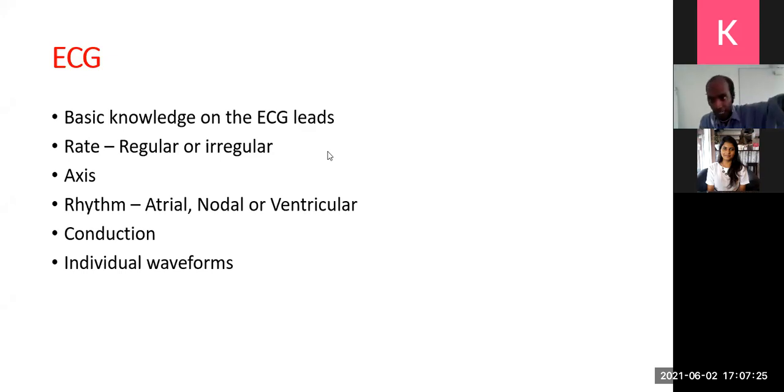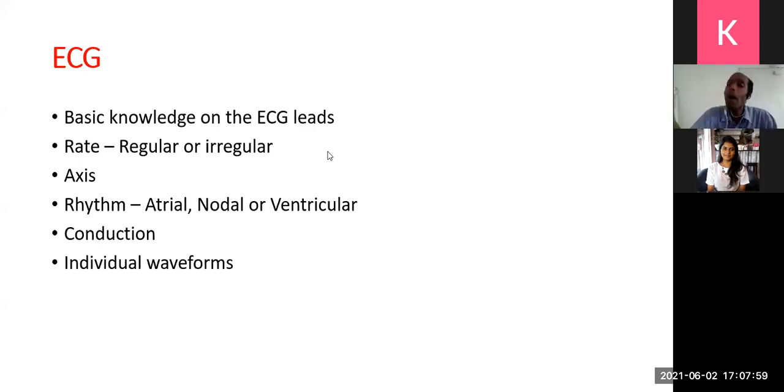So first rate, regular or irregular, cardiac axis, cardiac rhythm: where does the cardiac impulse start? Then the conduction: how does it travel along the heart? And then finally, you look at individual waveforms and segments. For example, P wave, QRS complex, PR interval, ST segment, T wave.